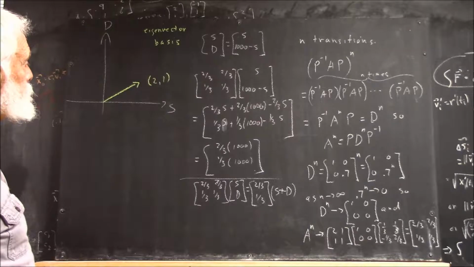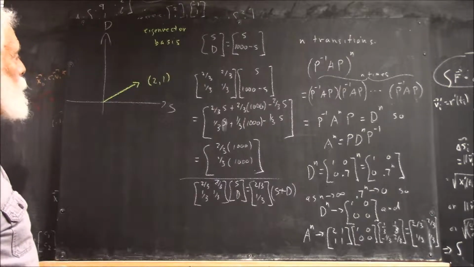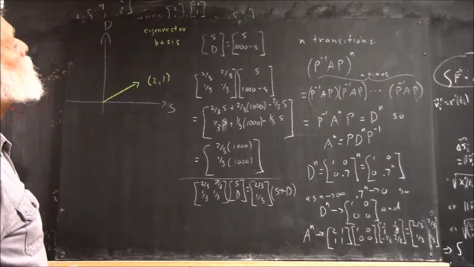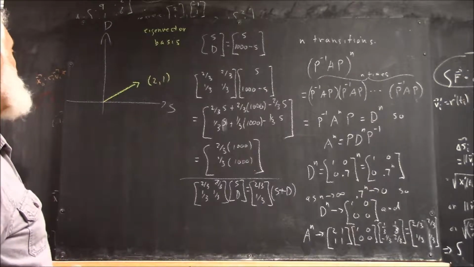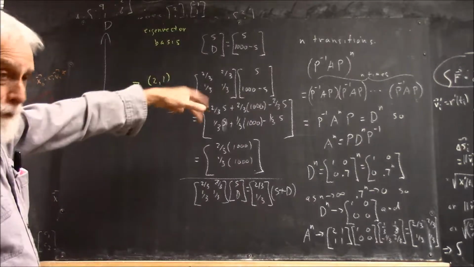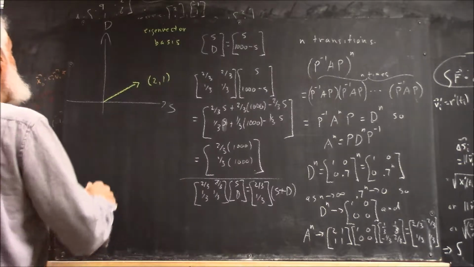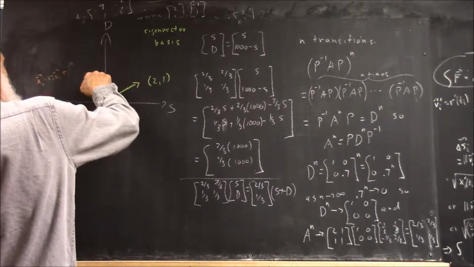Actually, I could use 2/3 of 1,000 and 1/3 of 1,000, because that would model our population, but I'm just going to do it in terms of these eigenvectors, okay? And then we have negative 1, 1.